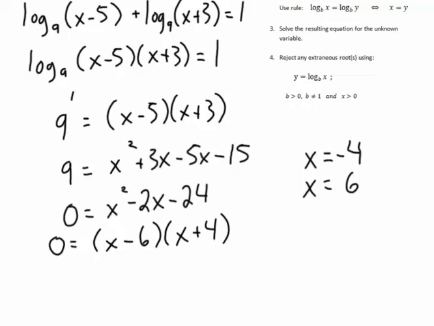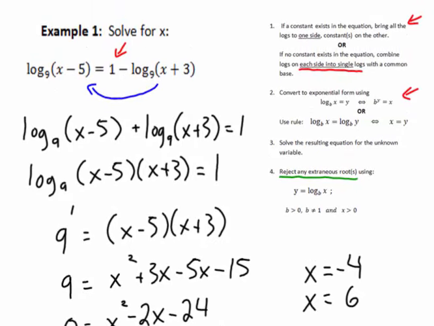Now that's the solution from the quadratic, but that may not be the solution for the logarithmic equation because we must check for extraneous roots. And how do we check for extraneous roots? Well, look back to the original equation. Here are our two arguments. We must consider that those arguments must be positive. So the restriction on x for the first argument is that x must be greater than 5. Any number smaller than 5 will give us a negative value, not allowed.